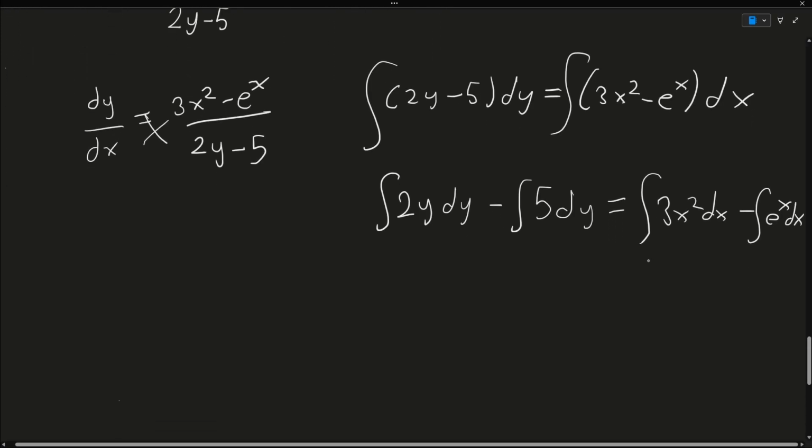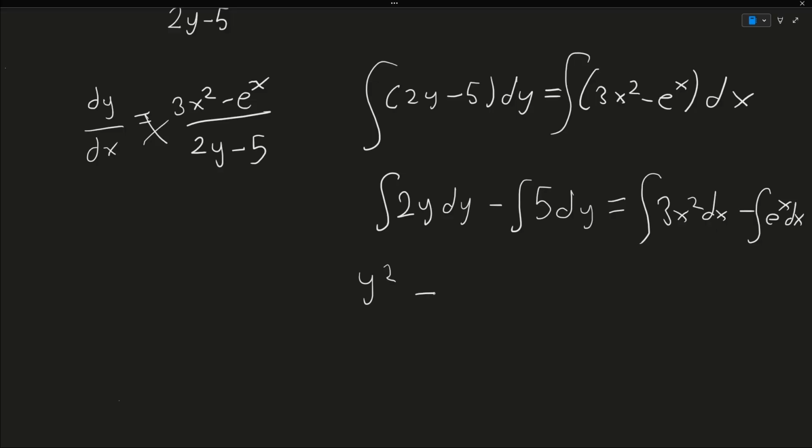Awesome. Now that we have this, we are able to integrate each term and solve the differential equation. So this term would be y squared, minus this term is 5y, equals x cubed minus e to the x, and don't forget your plus c.